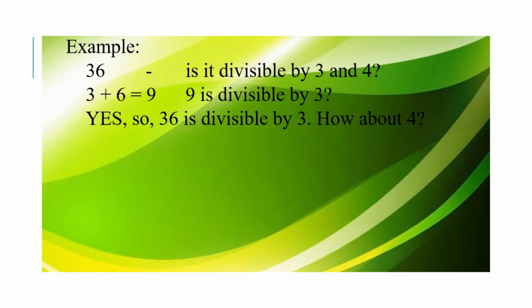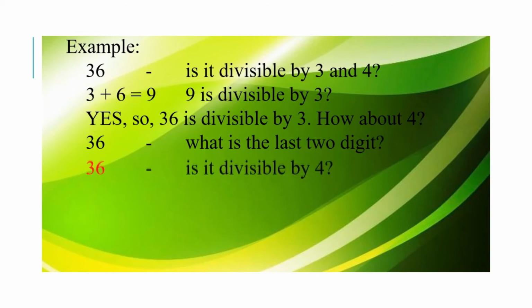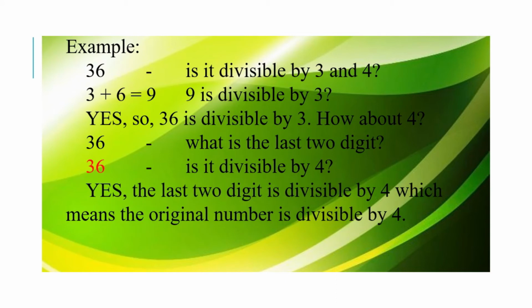How about 4? Let's try. What is the last 2 digits? Very good. 36 is the last 2 digits. Okay. Question. Is it divisible by 4? Yes, 36 is divisible by 4 because the last 2 digits are divisible by 4, which means that the original number, 36, is divisible by 4.